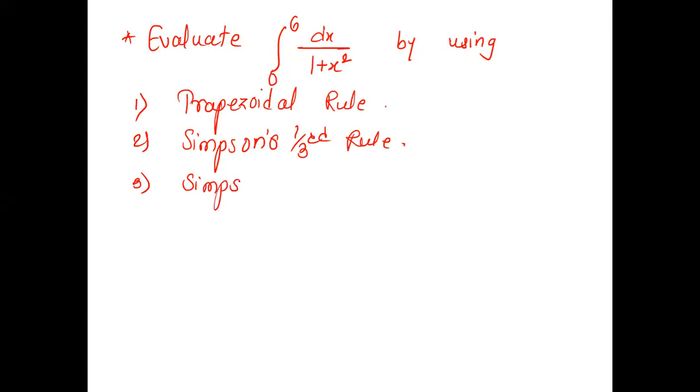The same question is asked by all the three methods. So you have to solve the integration, but not actual integration. We have to solve it by these all three rules. Okay. So first thing is, for all of them, we'll need h.